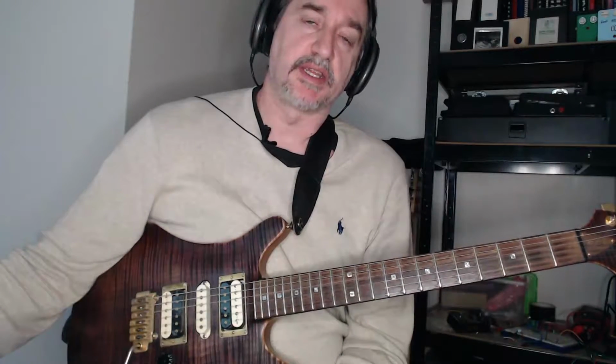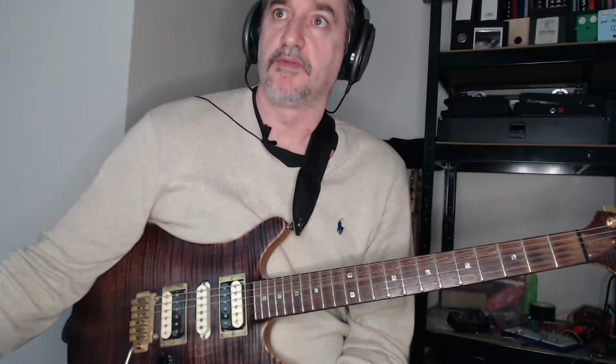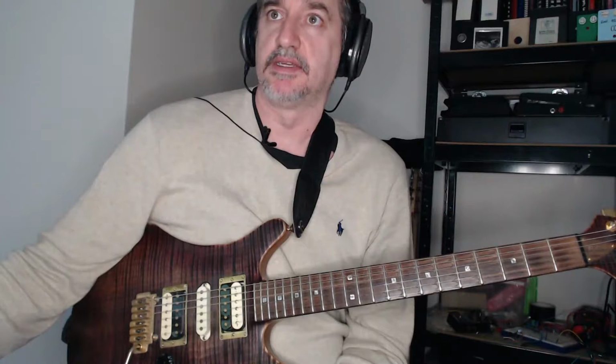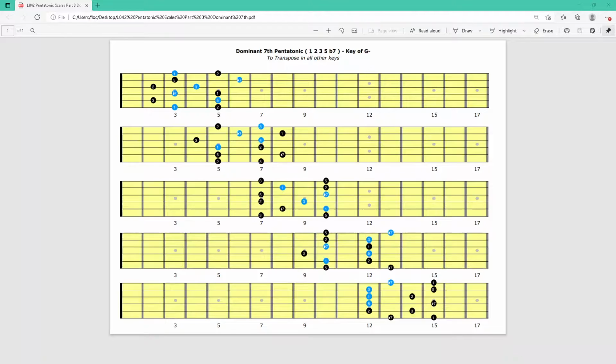Now, in order to understand the Locrian, we have to look back one second at our chart. What I want you to pay particular attention to, let's look at this shape, but the same piece of theory would apply to all of them, okay? If we start from the third and you look at these particular intervals, the third, fifth, flat 7, 2, okay? 3, 5, flat 7, 2.